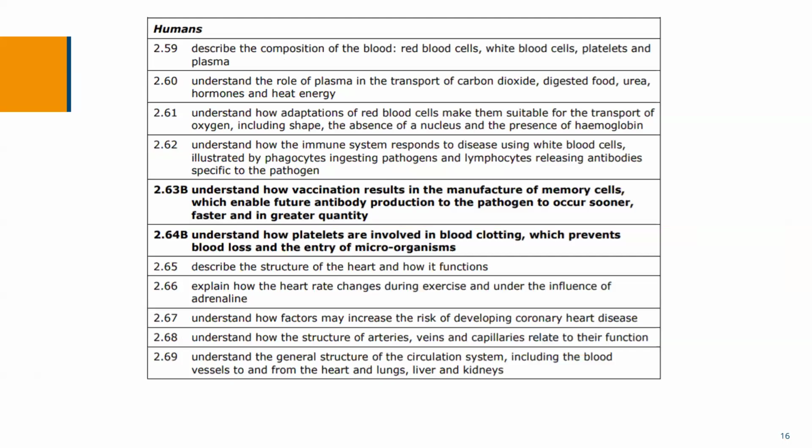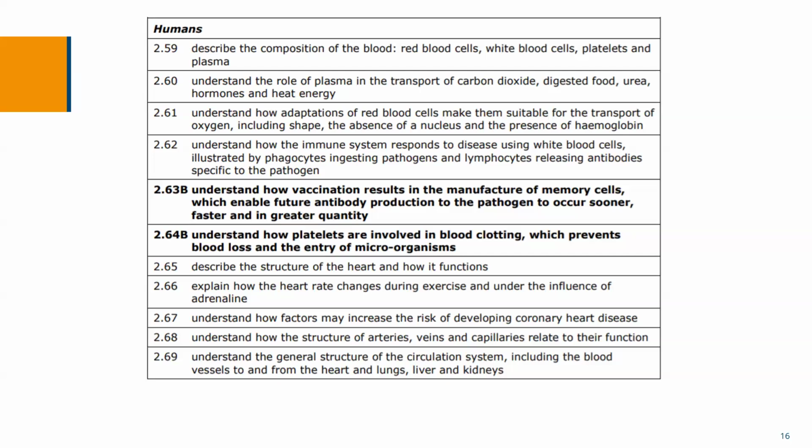Okay, so here's a copy of a page from the spec. This is, as you can see, it's actually the part H on transport, and this is a bit on humans. So you can see there, it says exactly what it is you're supposed to teach. Describe the composition of blood: red blood cells, white blood cells, platelets, plasma. So that could be examined in paper 1. It could be examined in paper 2.